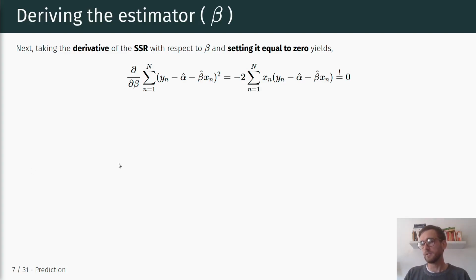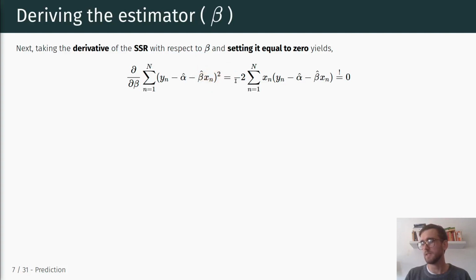Okay, so again, we take the partial derivative with respect to beta of this specification of the residuals, which is yn minus y hat, and y hat, of course, is alpha hat plus beta hat xn, okay, squared. Again, we have to use the chain rule. It becomes a little bit more difficult because we have beta hat xn here.